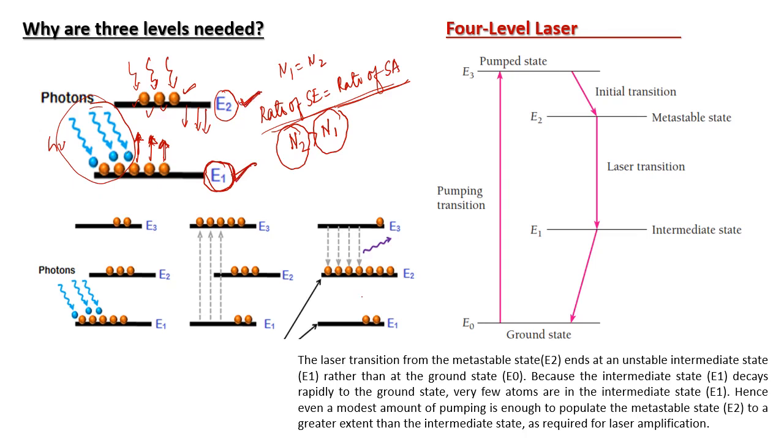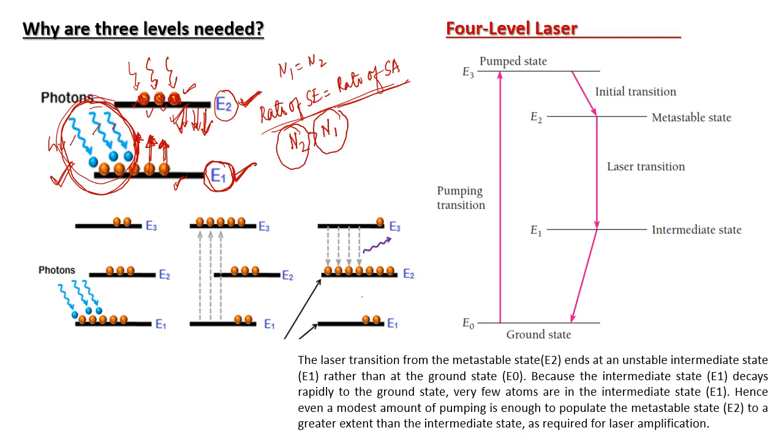What will happen is that the energy which I am supplying, through this energy, the probability of stimulated absorption, through which the atoms will go from this state to this state, is equal to the probability that these atoms which had gone from the ground state to the excited state come back to the ground state through stimulated emission.